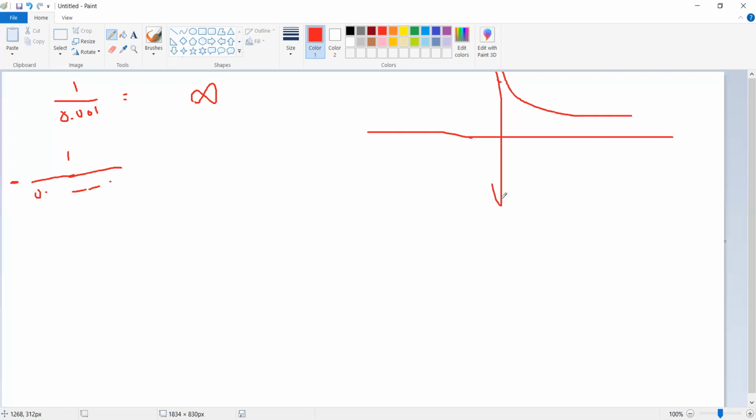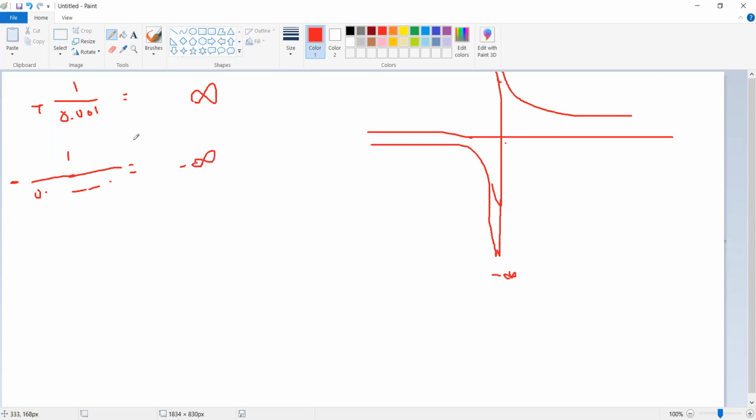So if you draw xy axes, you get something like this. So this is 0, right? This is minus infinity somewhere here. This line is going to meet this line at minus infinity. So if I have plus 0.0 very small value, it is plus infinity. And if you have 1 by a very small negative value, it's going to be minus infinity.